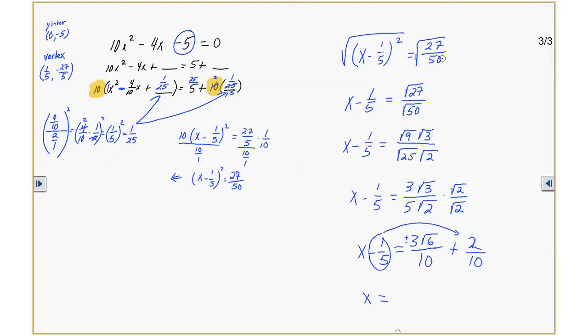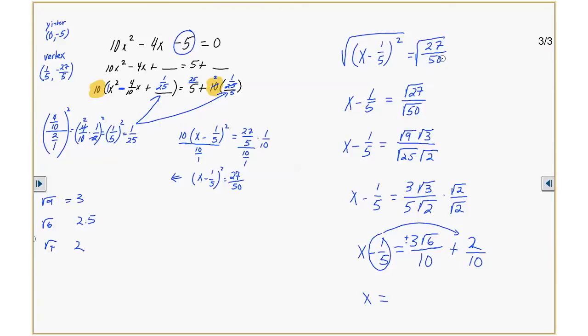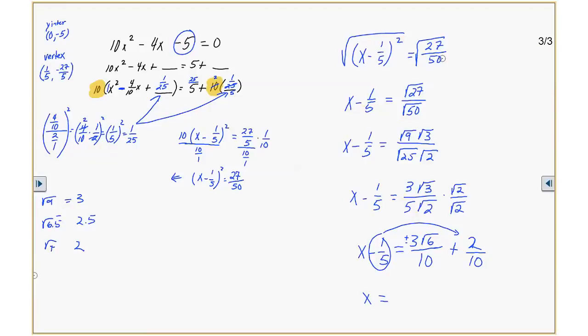The square root of 6 is between the square root of 4 and the square root of 9. Square root of 9 is 3, square root of 4 is 2, 2.5 is in the middle. Between 4 and 9 is 6.5. Half of 5 is 2.5.